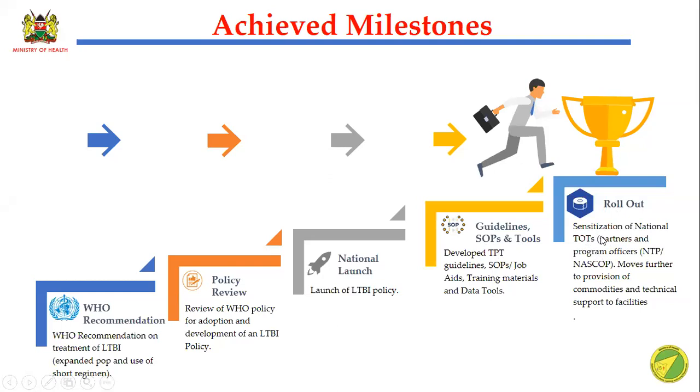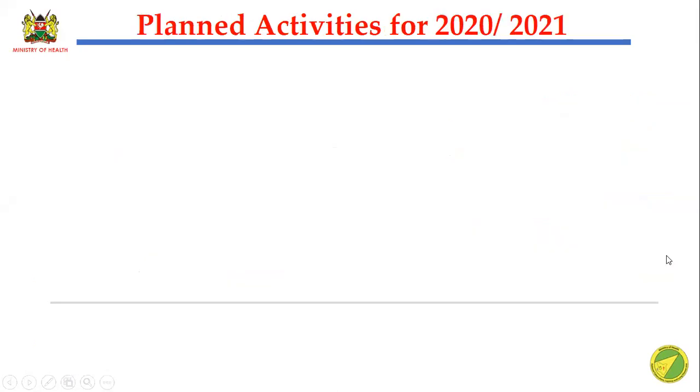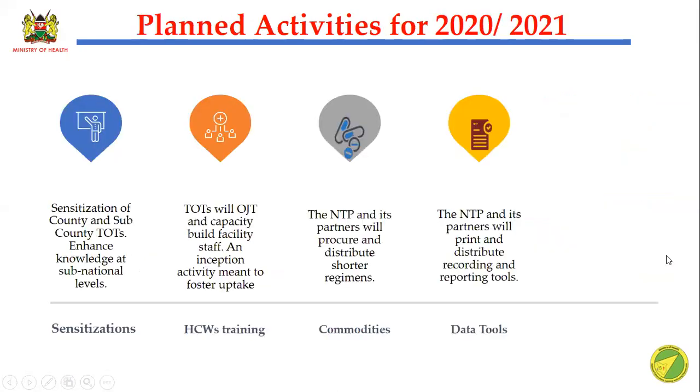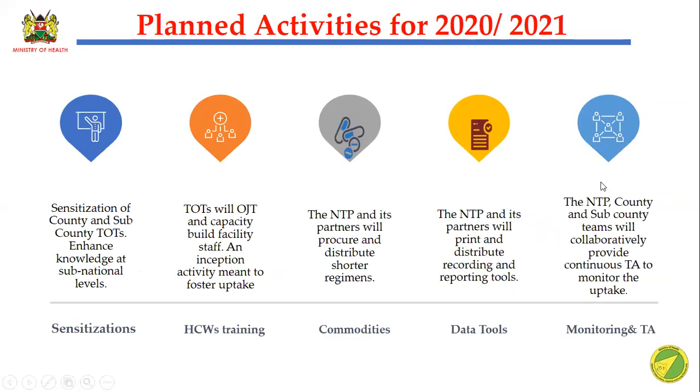Here we sensitize the partners that support TB and HIV programs. We also train the program officers from the National TB Program and also from our sister program, the HIV program, NASCOP. And now we went ahead to provide commodities and also support. So these are some of the things that we had planned to do. And I think for this particular sensitization, we'll be covering this particular part here.